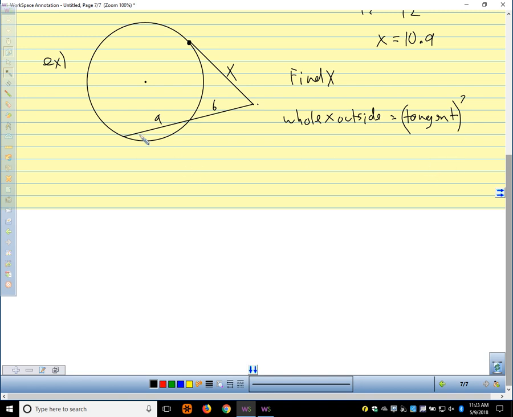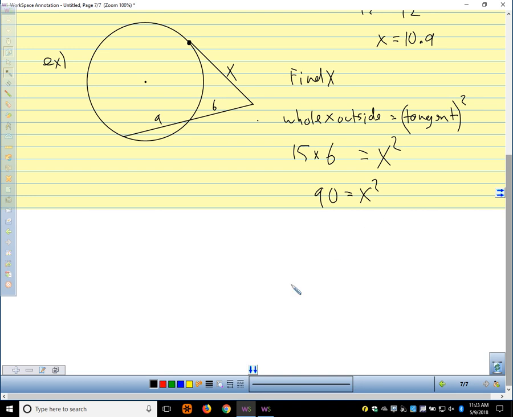Well, what's the whole length of this one? 9 and 6 is 15 times 6, the outside, equals x squared. 15 times 6 is 90.